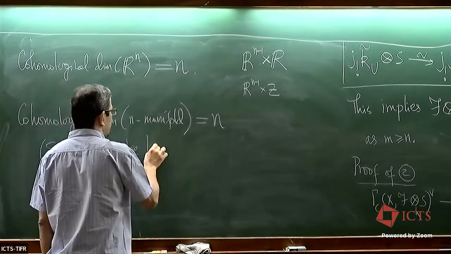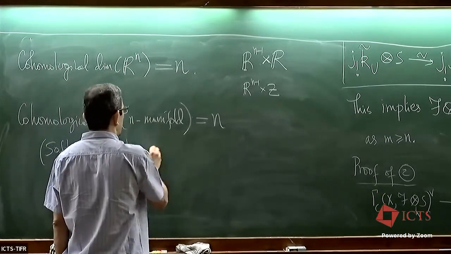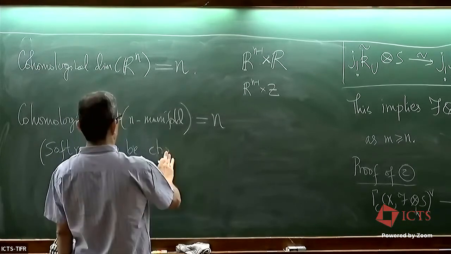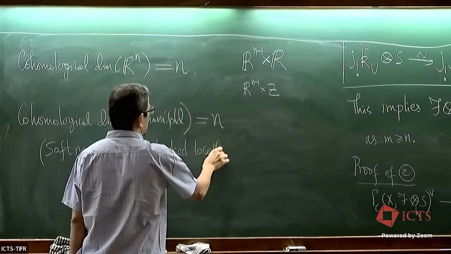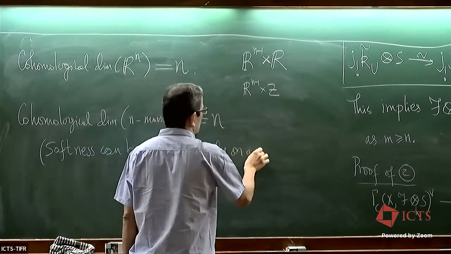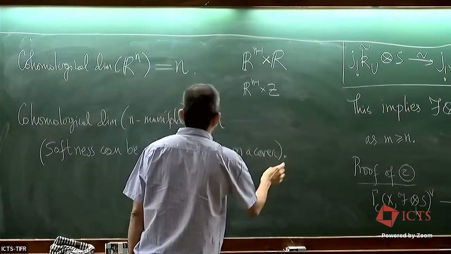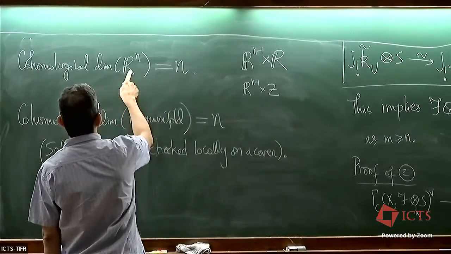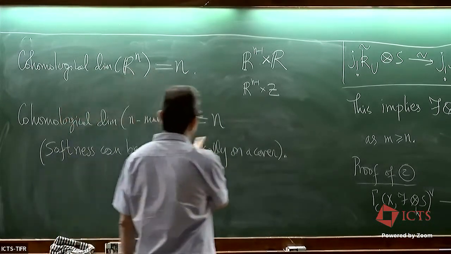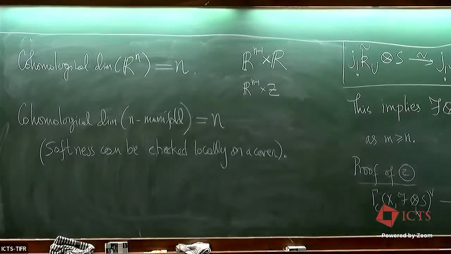Softness of a sheaf can be checked locally on a cover. That's a general fact, and if you apply this general fact, then since cohomological dimension of R^n is n, one can show that cohomological dimension of any manifold is n. And so what this means is that Verdier duality applies to a manifold.